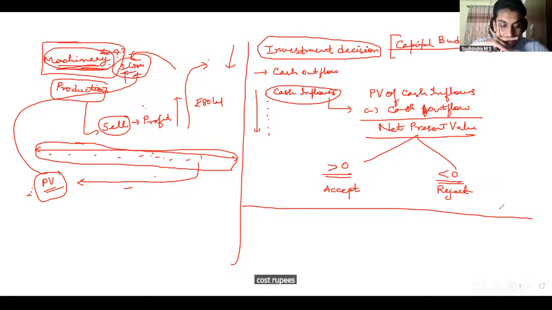The first machine saves labor expenses of rupees 1,900 per annum, whereas the second one saves rupees 2,200 per annum.